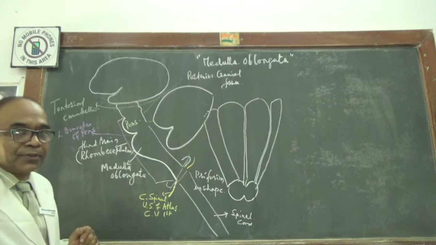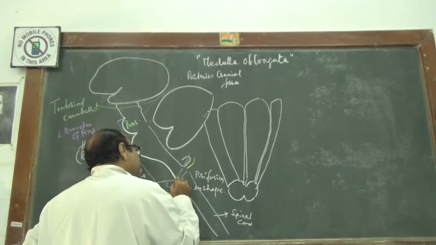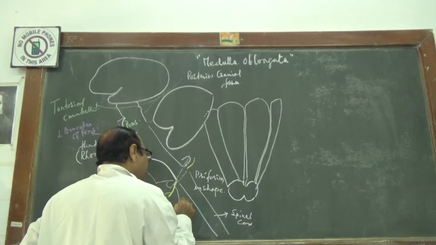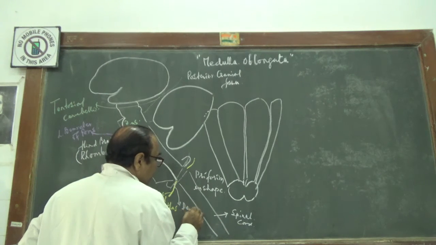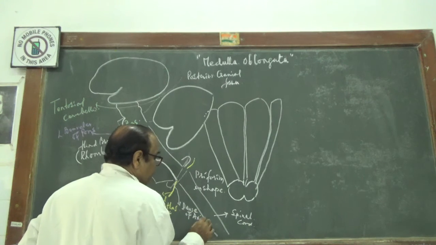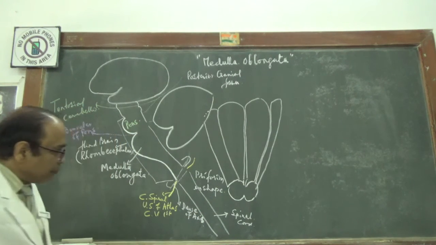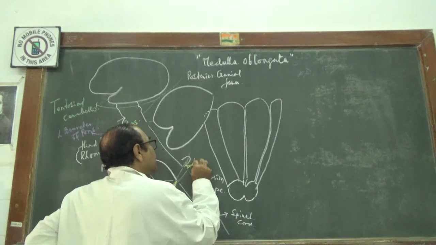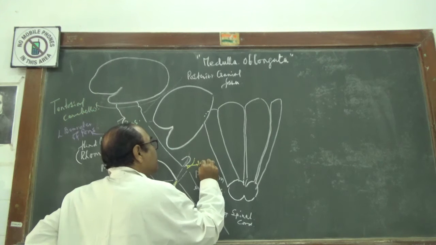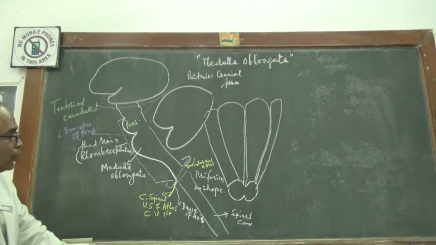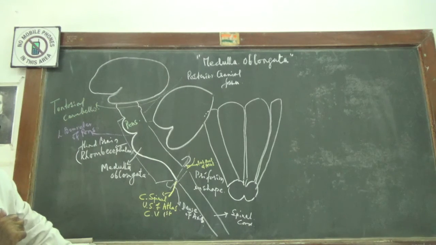It ends keeping in front what is said to be the dens of the axis, and keeping behind the posterior arch of the atlas. So this is the thing.